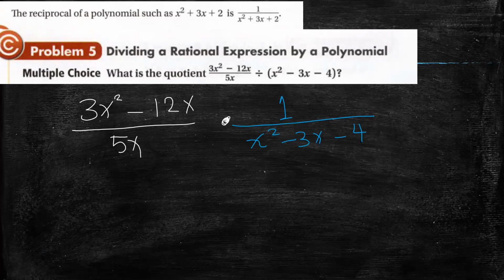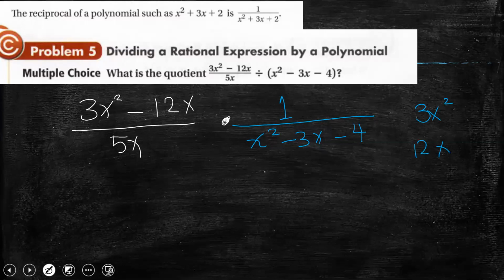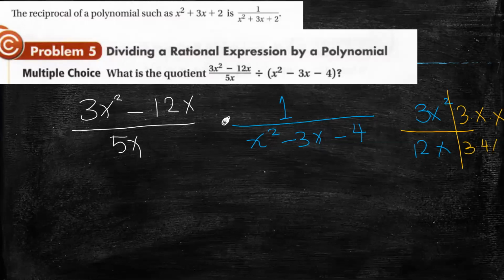Then, for 3x squared minus 12x, how can I factorize it? Take the common factor. We have 3x squared and 12x. What is the common factor? 3 and x.